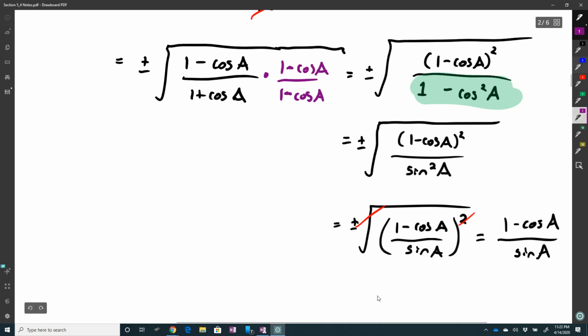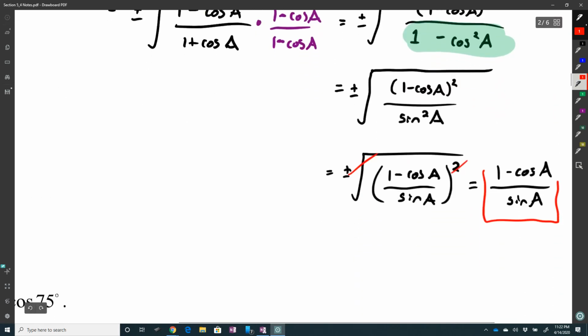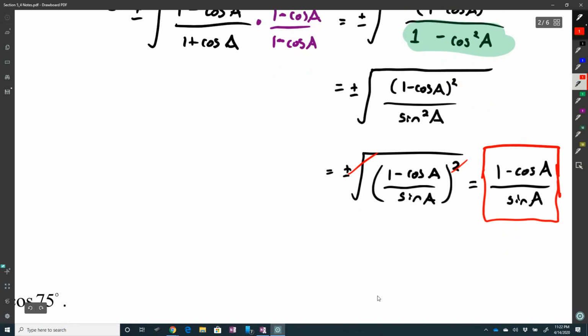Now, I looked into what happens to the plus or minus, because the plus or minus does go away. And basically, because that bugged me a little bit, 1 minus cosine A is always positive.